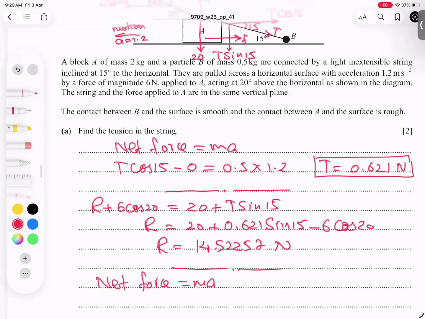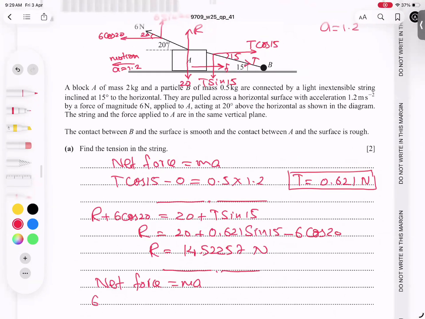All right, I'm writing first of all 6 cos 20 minus friction minus T cos 15 is equal to MA. M is 2 and acceleration is 1.2. Let me recheck. Friction force and tension component, and that's it.